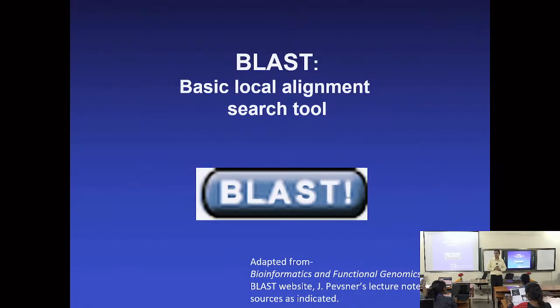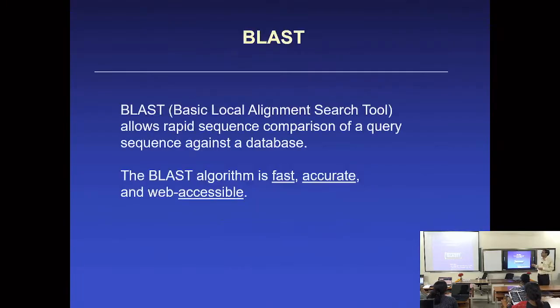One such algorithm in biology is BLAST, which stands for Basic Local Alignment Search Tool. It was developed in 1990. The paper was published in the Journal of Molecular Biology in 1990, and since then it has garnered hundreds of thousands of citations.